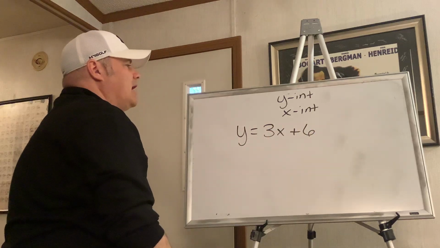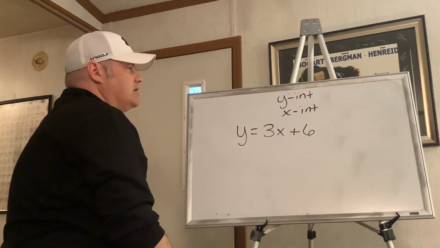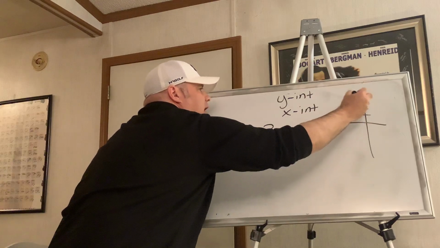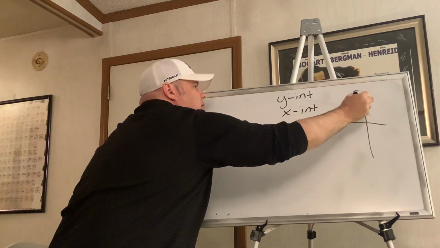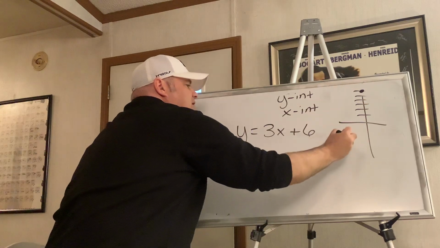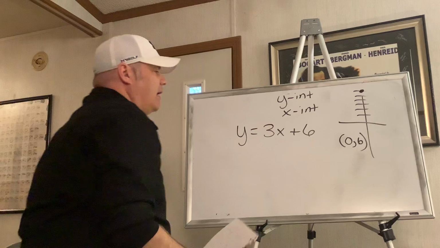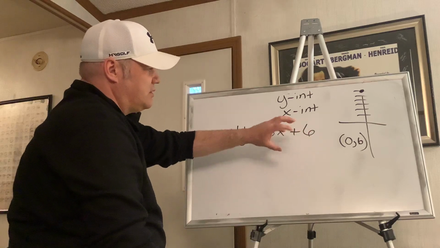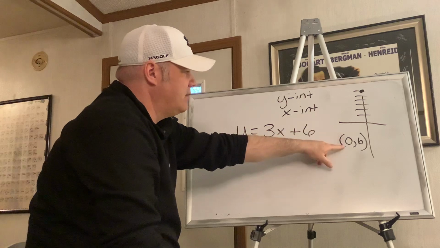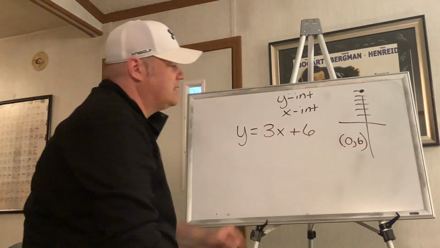Okay, now the key to that is to know that's an actual point on the graph, right? It's up here. 1, 2, 3, 4, 5. That point on the graph is (0, 6). Meaning it's a y-intercept, but it has a point, and it's where the x is 0, then y is 6.